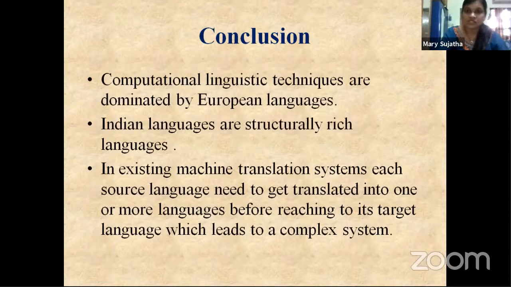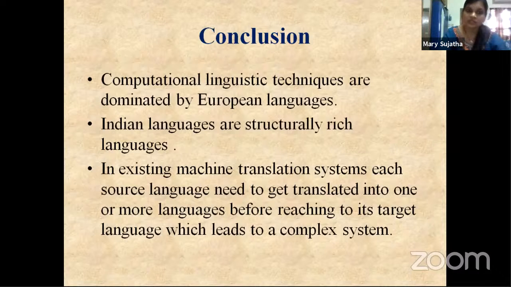For example, if you consider Sanskrit, a structurally rich language, for such languages people are still using regular or traditional translation techniques only. So for that sake, we can go with new model development, and we can use those models for translation purposes, such that our scriptures and our Vedas can be read by a common man.